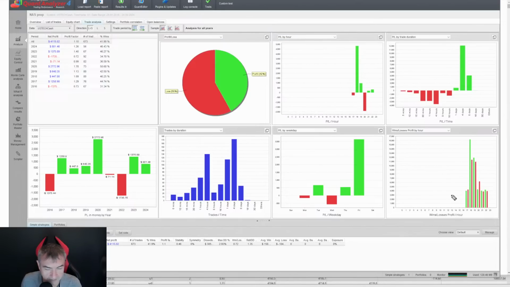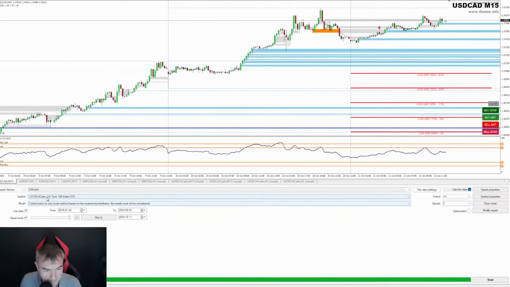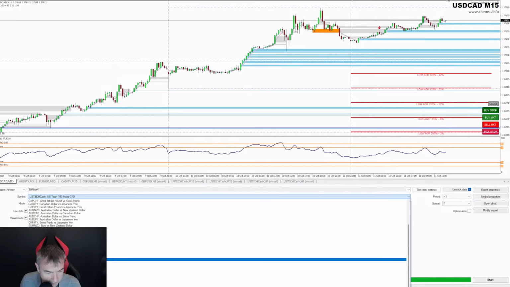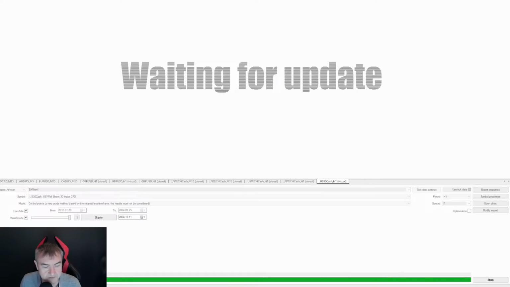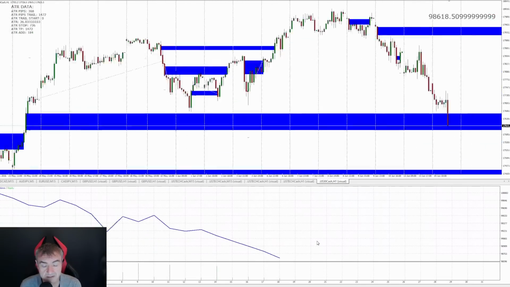So let's test it on the Dow actually, and see what the equity curve is like on the Dow. And if we get a similar result, it means that it is likely going to work on indices.